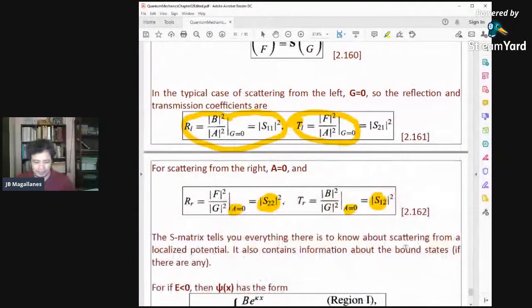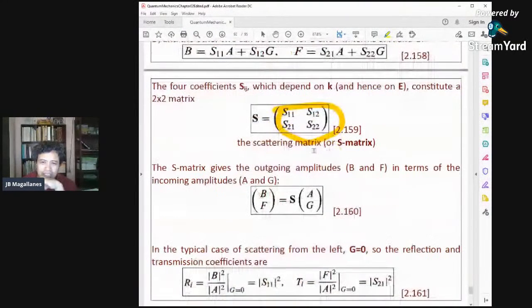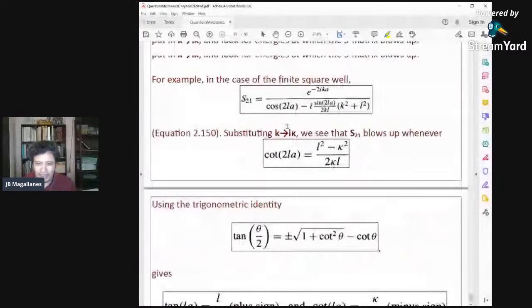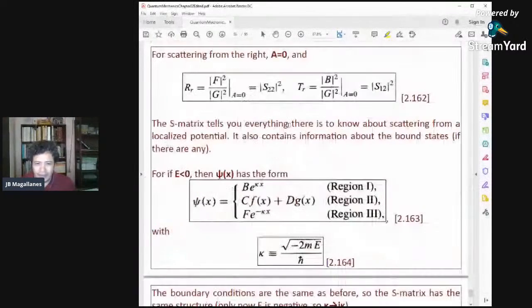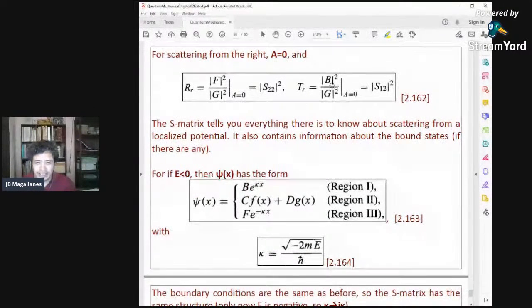So that's how you get the elements of this matrix. It looks so simple with this expression, but each of these elements is actually a complicated expression. Not really complicated if you have the patience to solve them, but looking at the expressions, they're really messy.